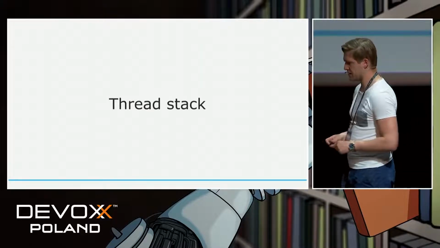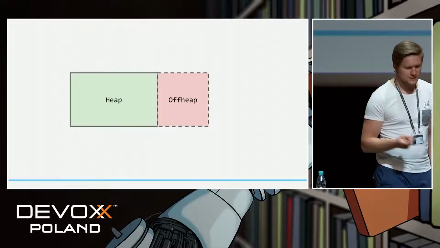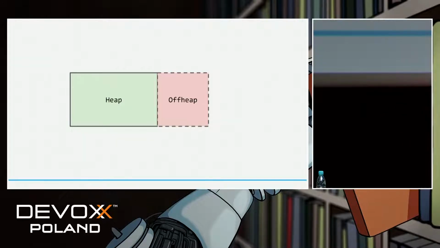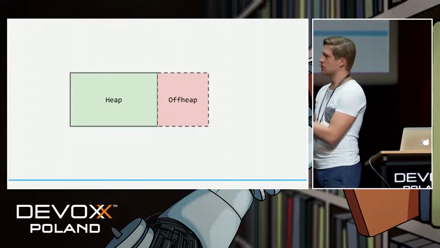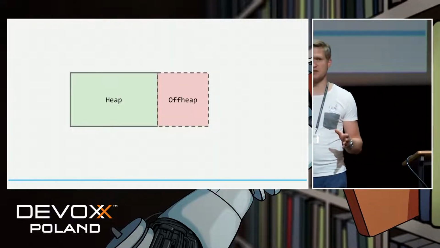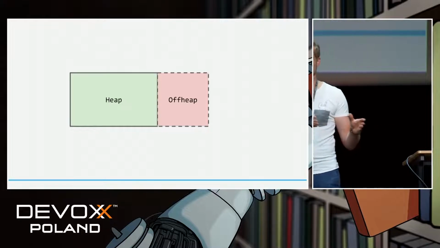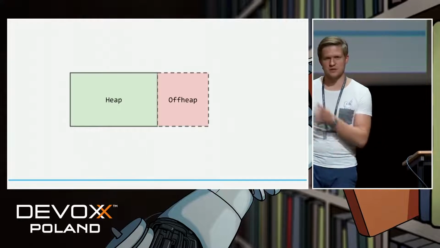So how big is a thread stack? Before we jump into that, let's settle one thing. As you all know, Java applications have 2 regions of memory. There is the heap, the kingdom of garbage collectors and managed memory, and there is the off heap.